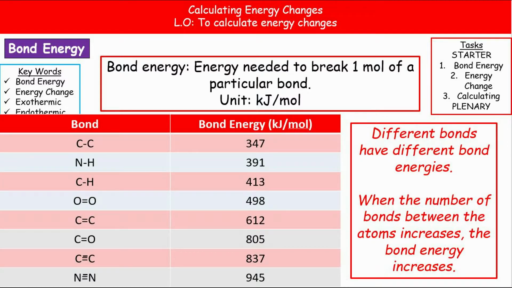And then when we come to the carbon triple bond carbon, the second one up from the bottom, it's 837 kilojoules per mole. So the more bonds between the atoms, the higher the bond energy will be.